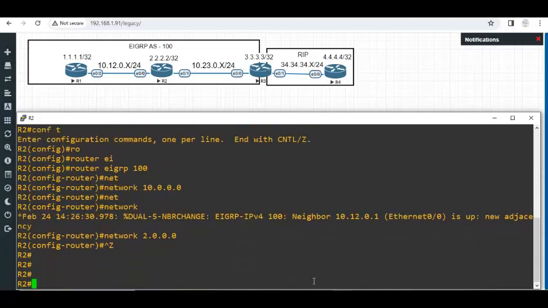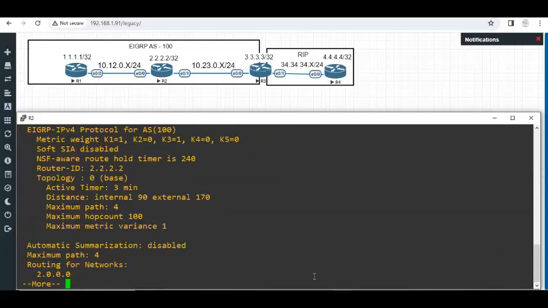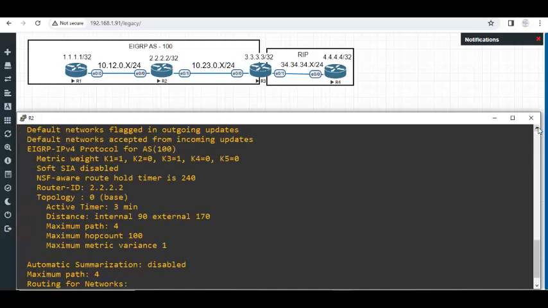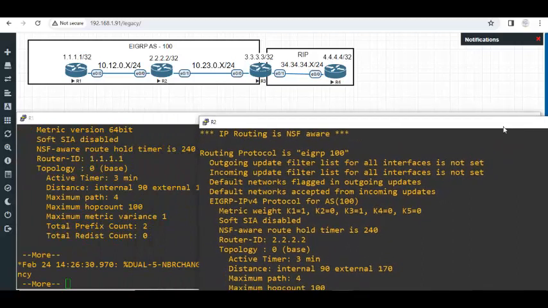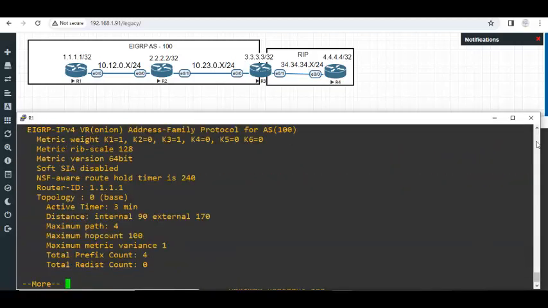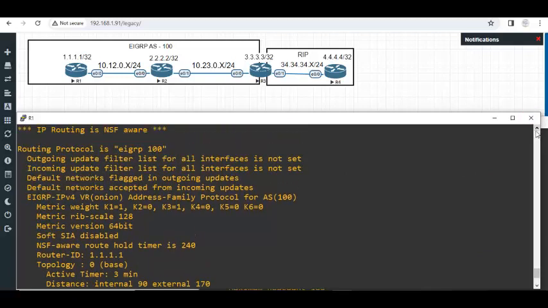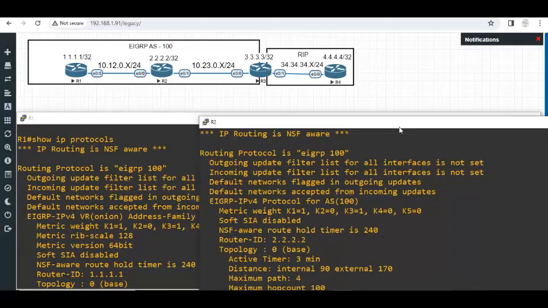Show ip protocol, to compare this one with that one. Router 2 is running the old method, router 1 is running the new method.